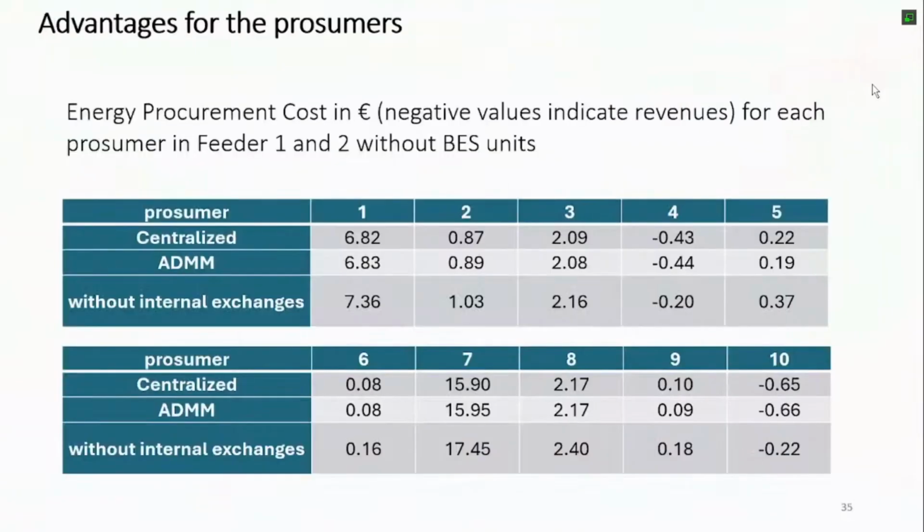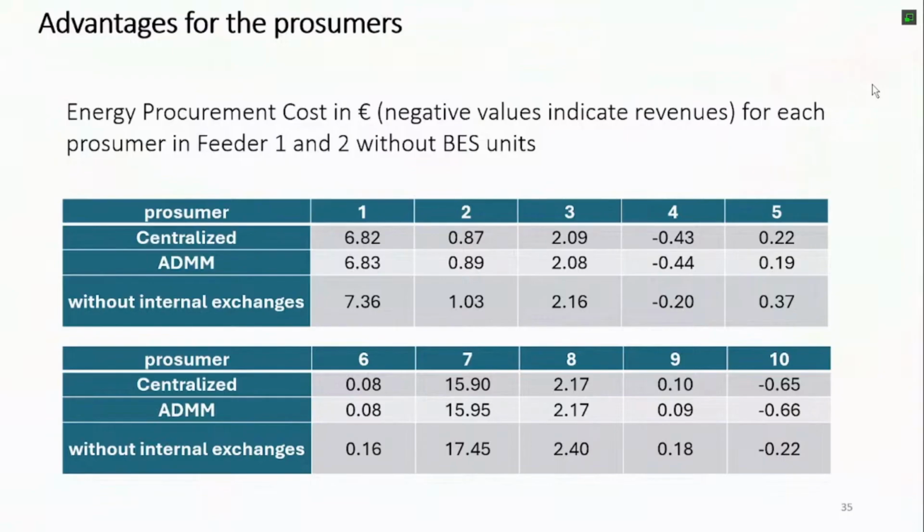I can also show you the tables with the results. Here in this table we show the energy procurement cost, where negative values indicate revenues, for each of the prosumers. So 10 prosumers, centralized versus ADMM. Distributed optimization gives practically the same results.